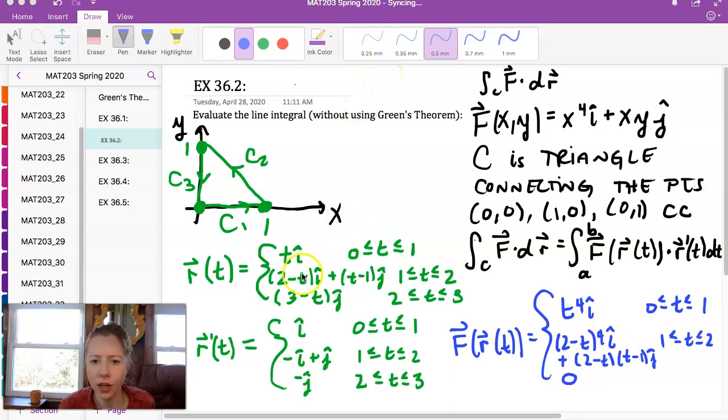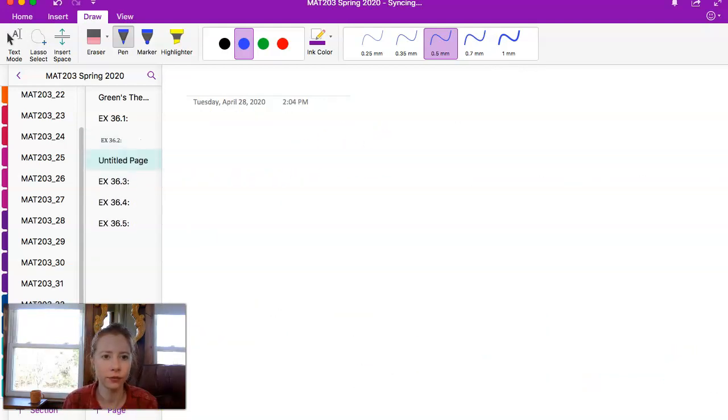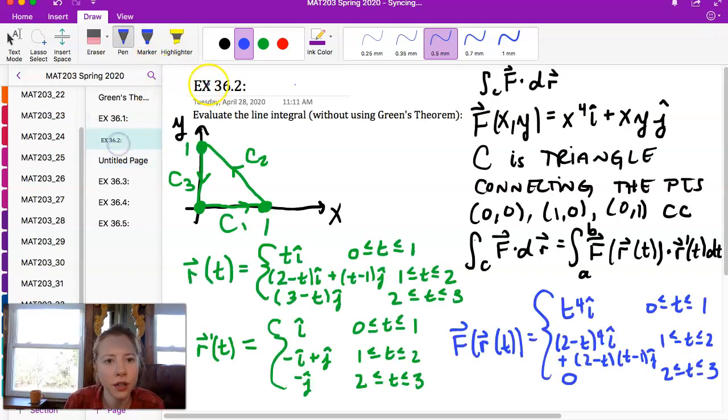So here, our y component is 3 minus t, but our i hat component, our x component, is 0, so 0 times 3 minus t is 0, so we have 0 here from 2 to 3. All right, now we've got to keep going. I don't know why that got so tiny.